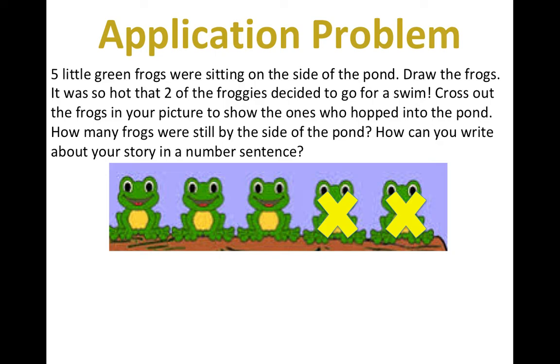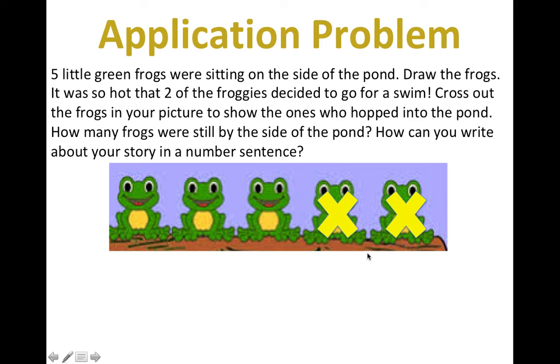So we know in addition problems, we have objects that join, or you end up having more. And in subtraction, you have problems like people or animals or objects get crossed off, or they go away, or they disappear. So in this case, let's look at the picture. We can see we started off with 5 and we have 2 frogs that crossed away.